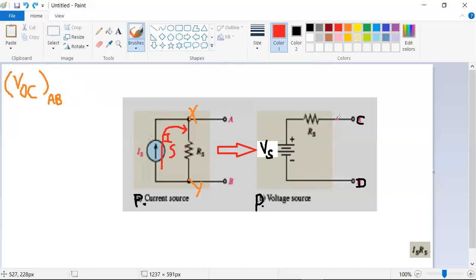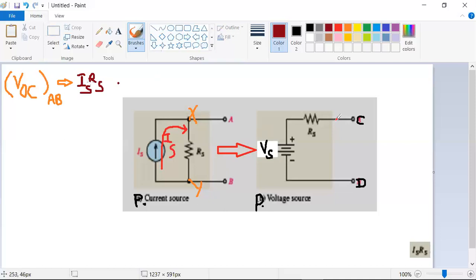Also I can write Vxy equals Is and Rs, because the voltage drop is nothing but the product of resistance and current. Hence the value will be Is Rs.